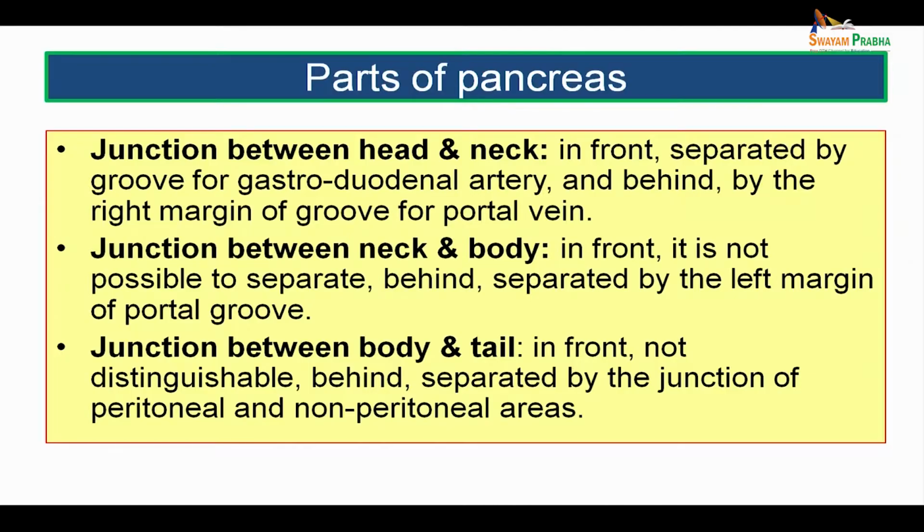Junction between the neck and the body in front is not possible to demarcate, whereas behind it is separated by the left margin of the groove for the portal vein. Junction between the body and the tail in front is not distinguishable, but behind it is separated by the junction of the peritoneal and non-peritoneal areas of the pancreas.